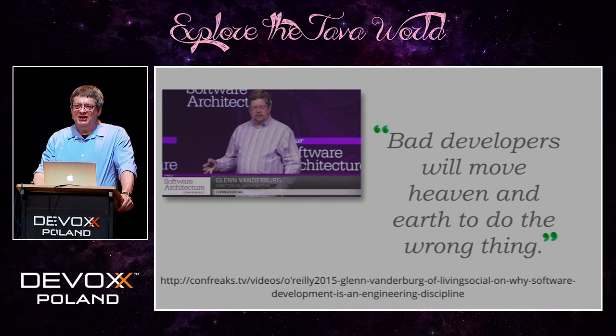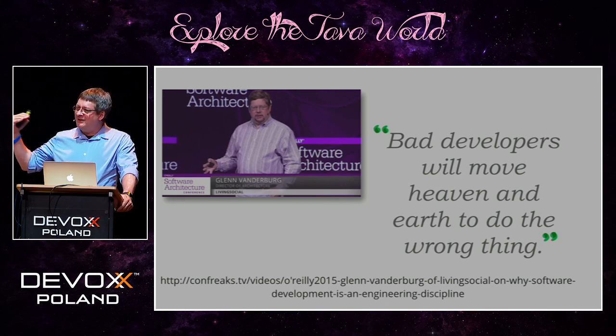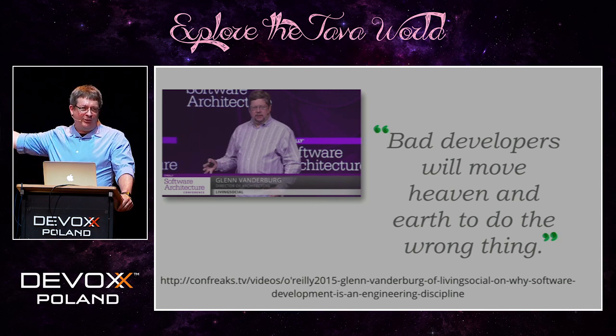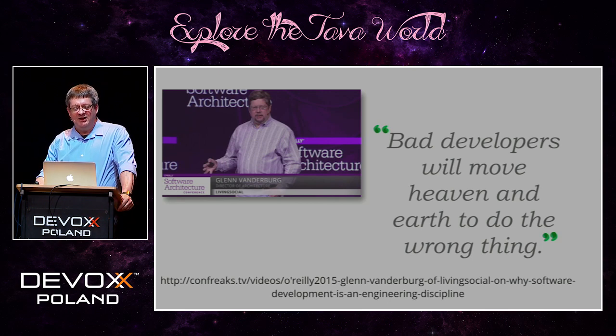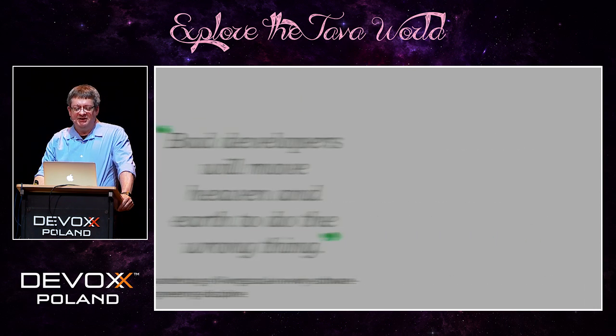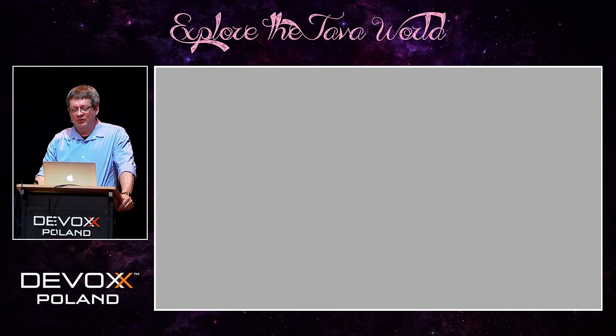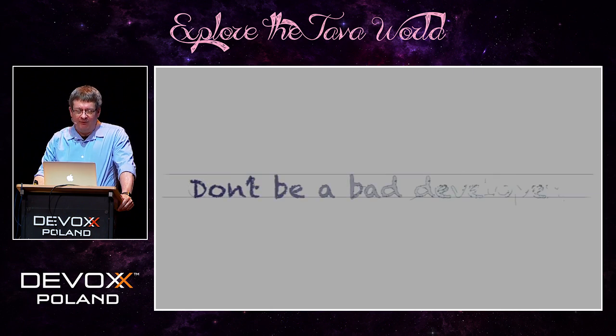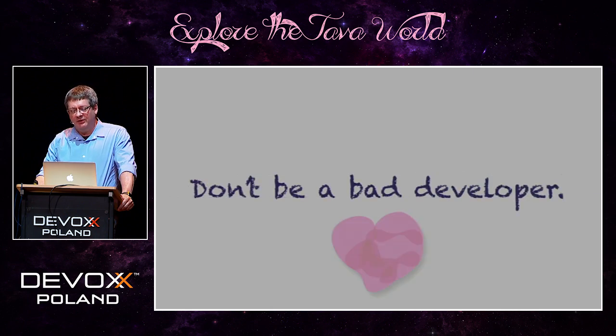The amount of innovation that bad developers put into doing the worst thing is amazing. If they'd put that much innovation into doing the right thing, we'd have the best software ever. But the amount of innovation that bad developers put in is really amazing. They will move heaven and earth to do the wrong thing. So my best advice to you is don't put all your effort into doing the wrong thing. Try to find the right thing. Don't be a bad developer.